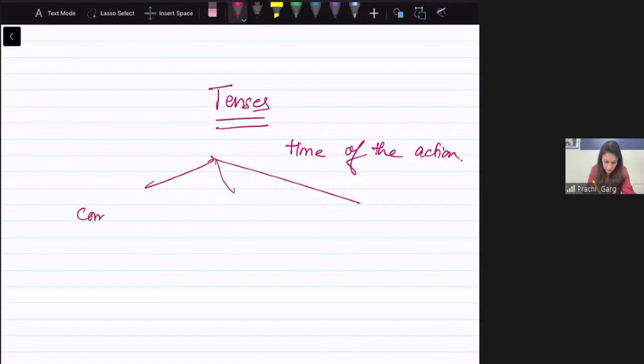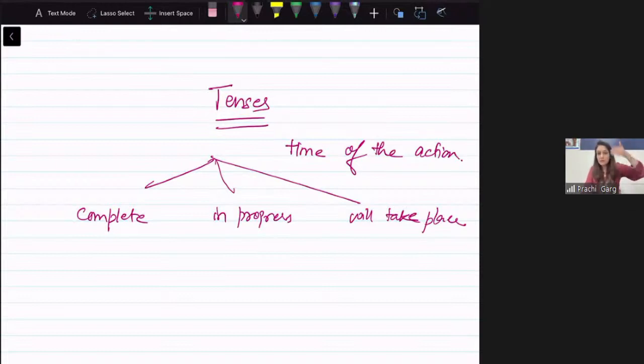If the action is complete, or in progress, or will take place, these are the three different time zones, and this is what we have in real life. Either we can talk about something that happened, something that is happening right now, or something that will happen. Now, what do we call them? We call them past, present, and future.